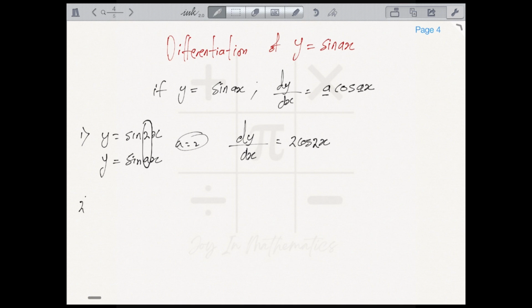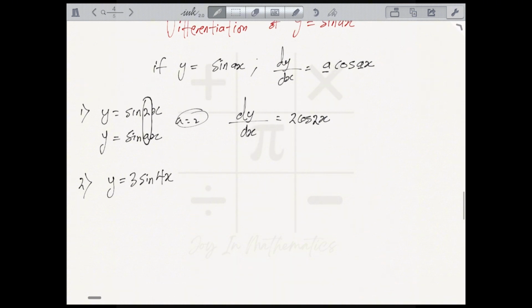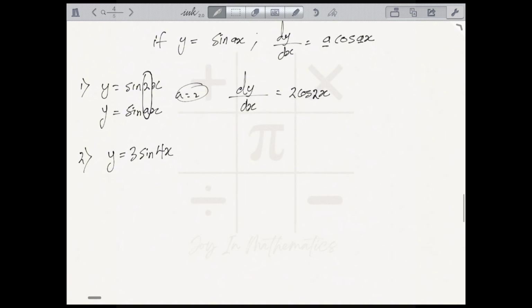Let's take another example. Given y = 3 sin 4x. The first thing we will consider is to compare it to sin ax to know what our a stands for. When we compare to sin ax, we have that our a is equal to 4. But then we don't know what this 3 is.